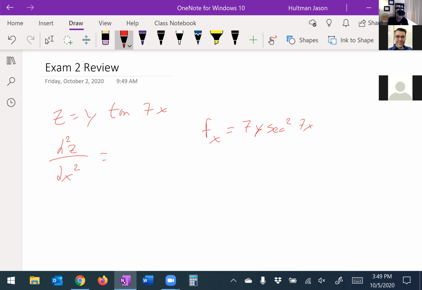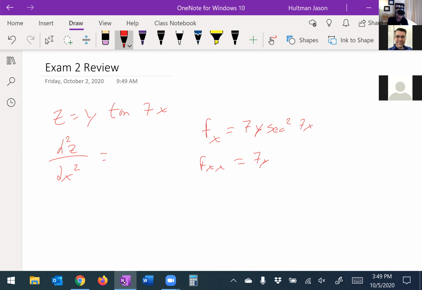Okay, so now let's do f sub x of x. So 7y. The derivative of secant is secant tangent. Because again, that's chain rule. How I got the 7y was the chain rule.